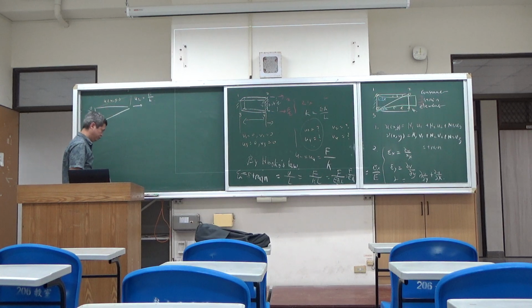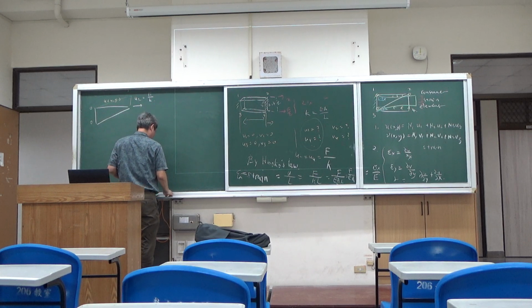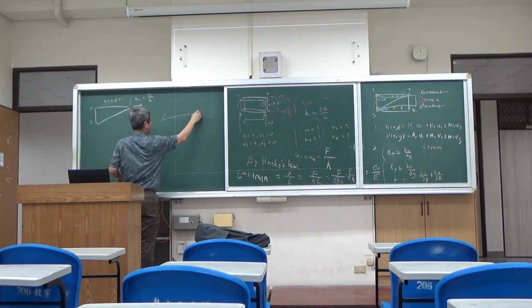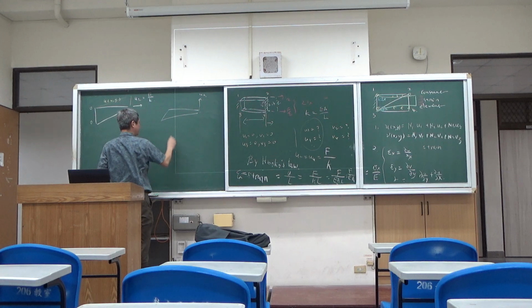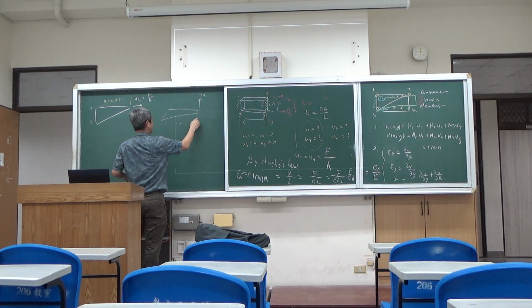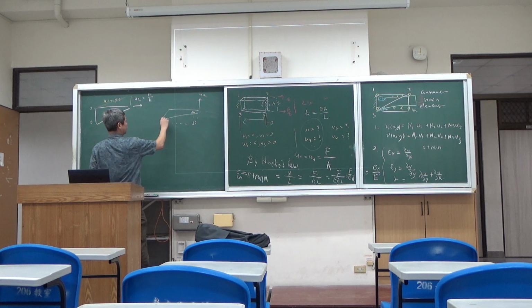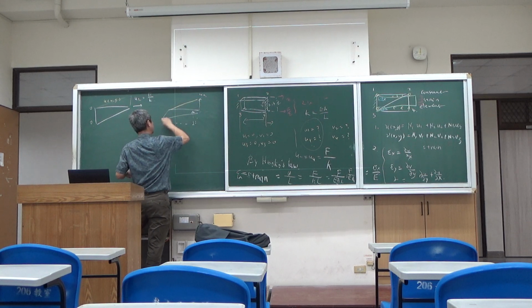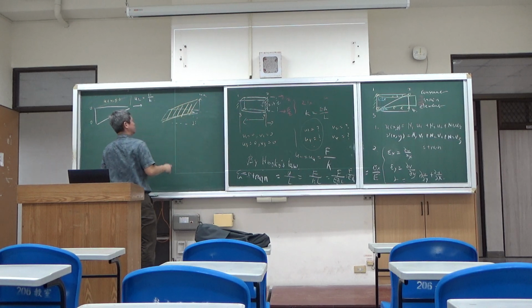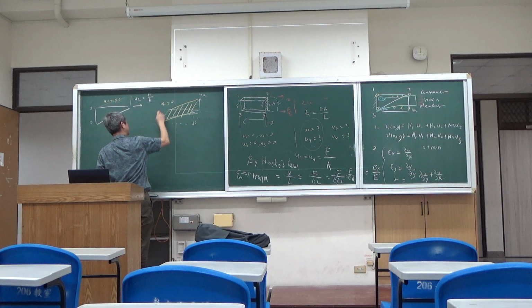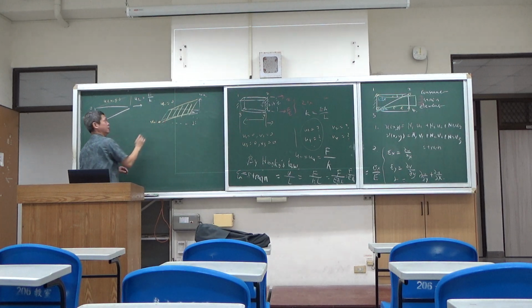If I draw it in the 3D view, this is my U2. Imagine this is the extended one. This is also U2. Your shape function is like a slope, starting from U1 equal to 0, U2 equal to 0.